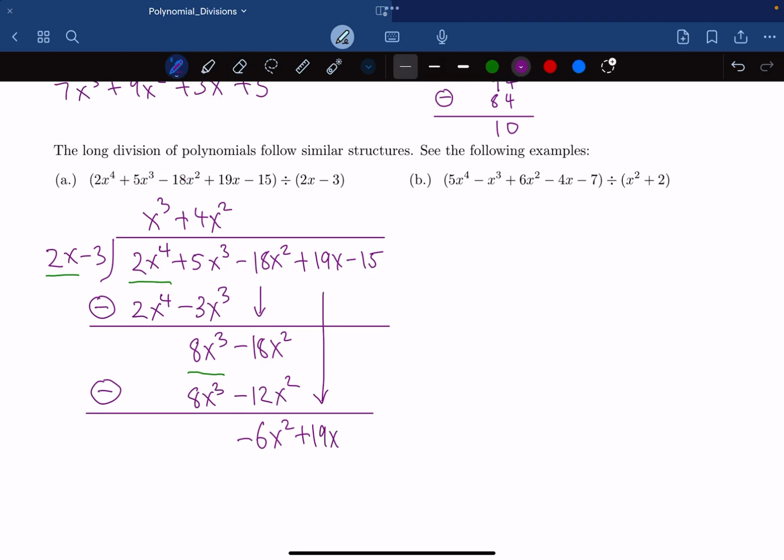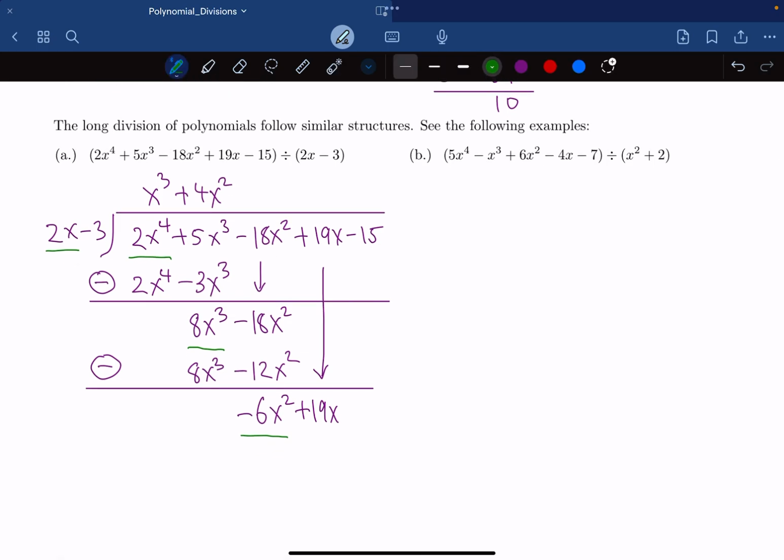Next step, we focus on the first term here, the negative 6x squared. Ask myself, what do I need to multiply 2x by to get negative 6x squared? And the answer here is negative 3x. Distribute to both.